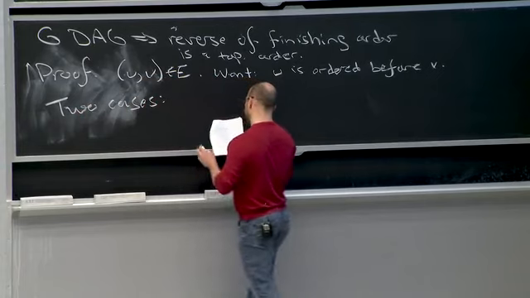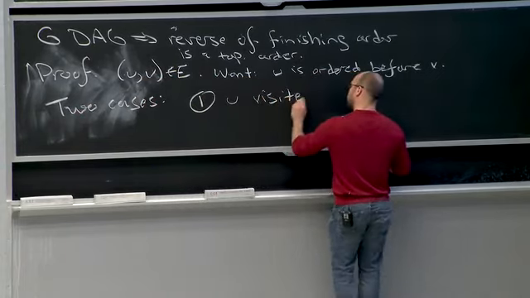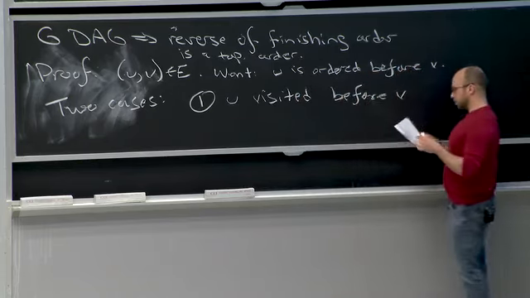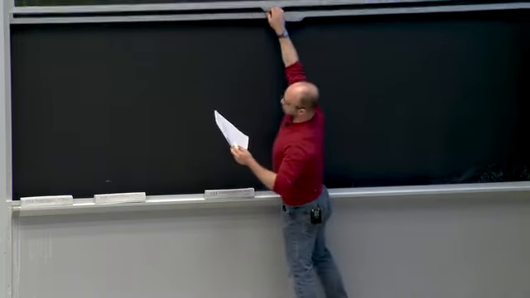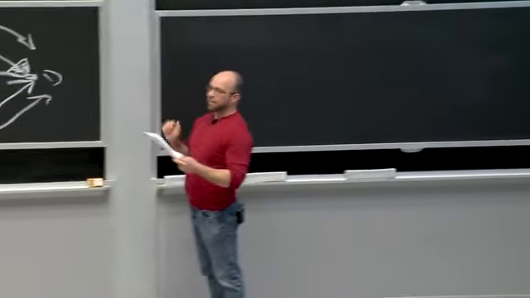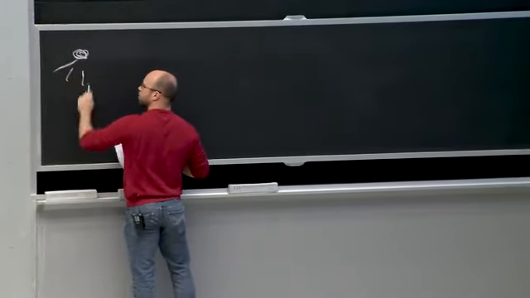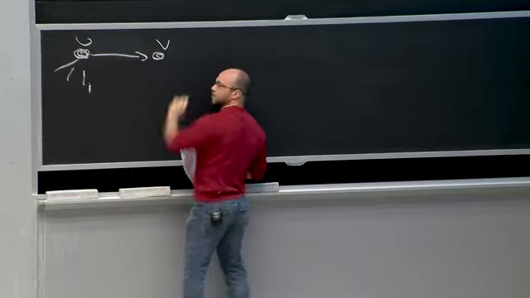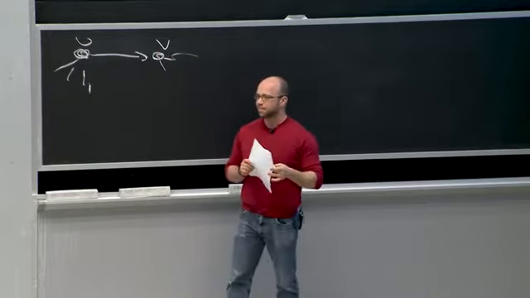So case number one is u is visited before v. All right, so what does that mean? Well, pictorially, there's all kinds of graph stuff going on, and then there's u, and we know that there's a directed edge from u to v. And maybe there's other stuff going on outside of v.